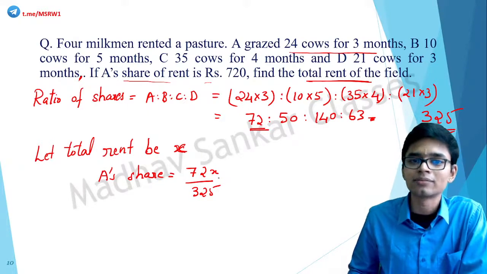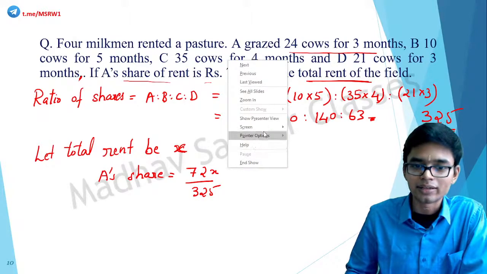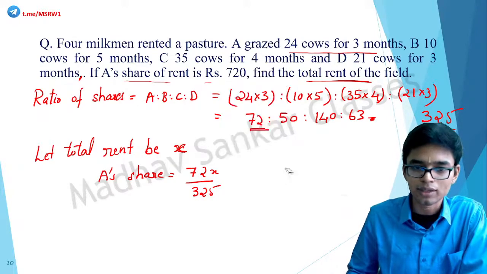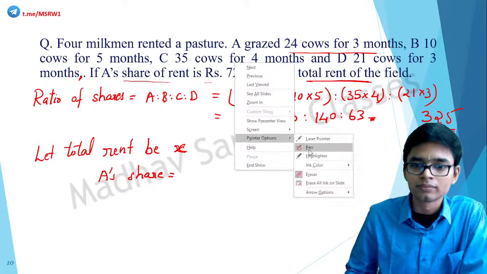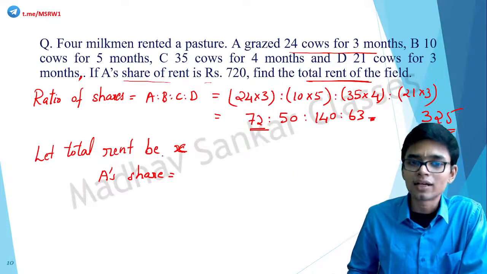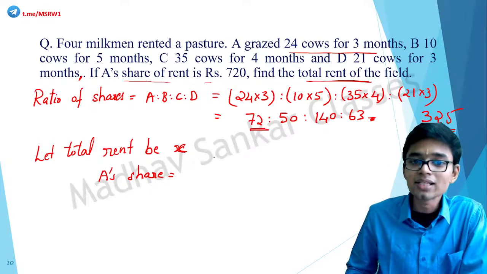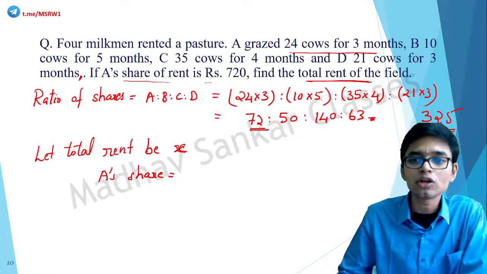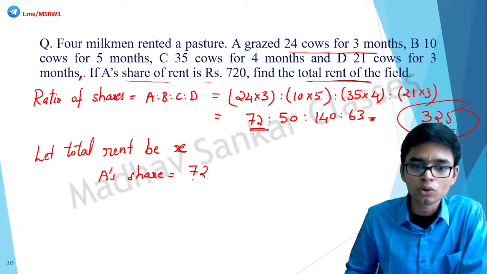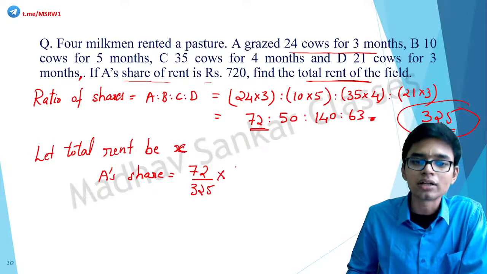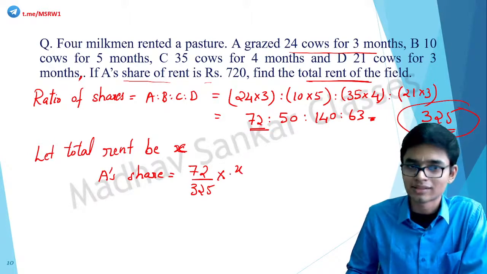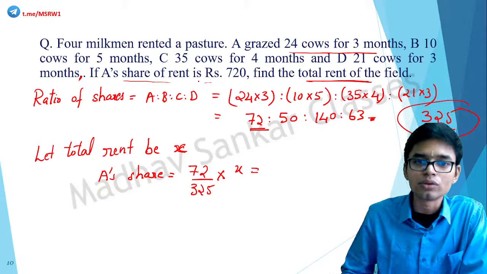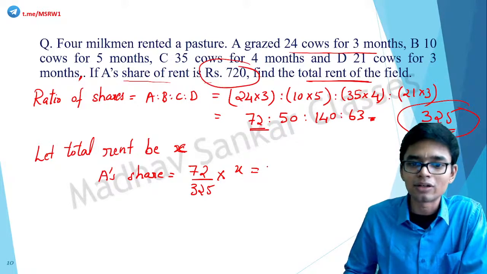I will rewrite that just to make it clearer. Total rent, we are considering it to be X. A's share is 72 parts out of total 325 parts. So 72 out of 325 parts, this is A's share, into total rent, which is X.